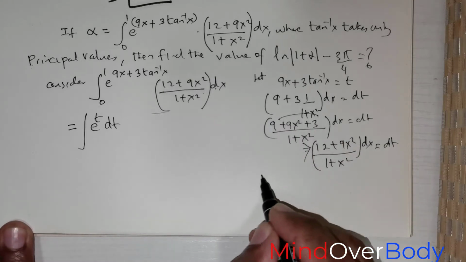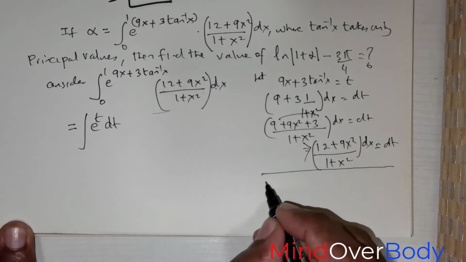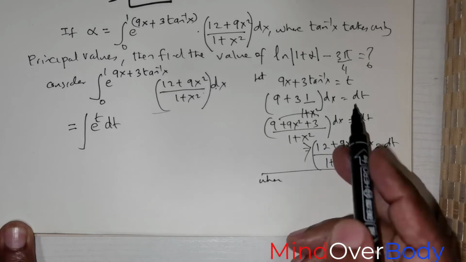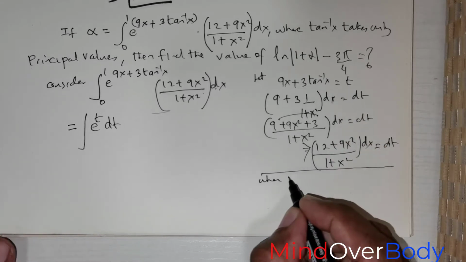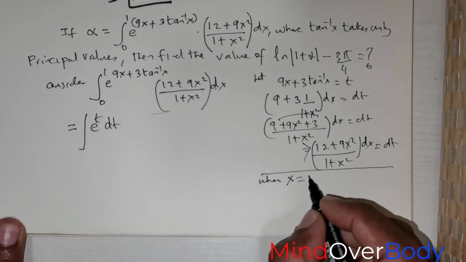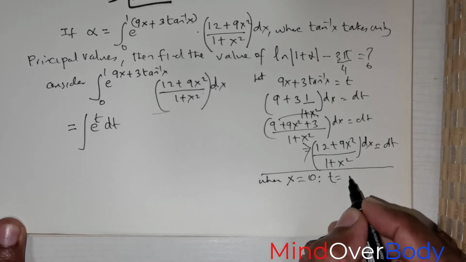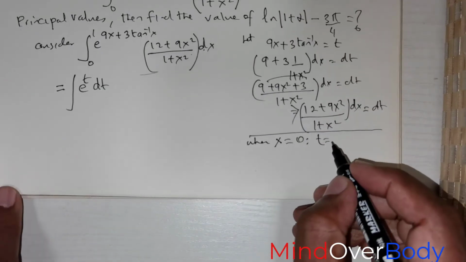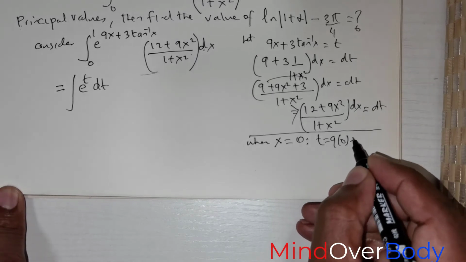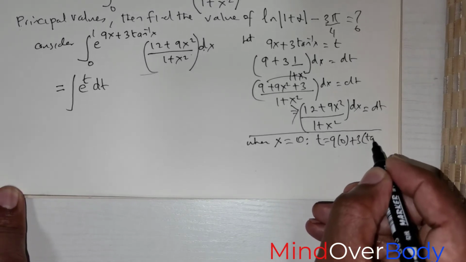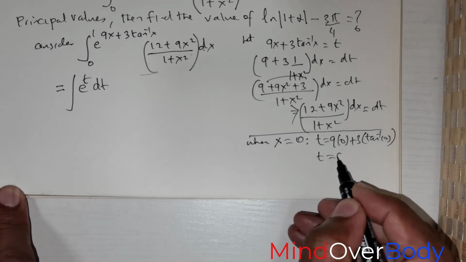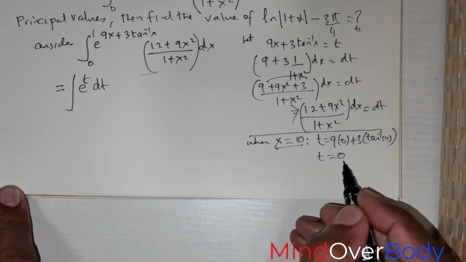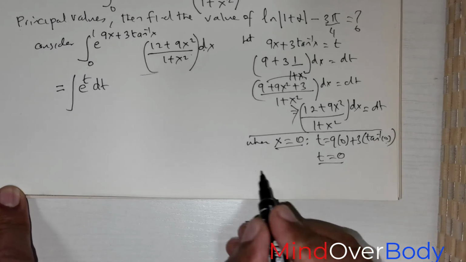So I will want to get the equivalent limits for t. When x is equal to 0, my t is going to be 9 times 0 + 3 times tan inverse of 0. So t is equal to 0.